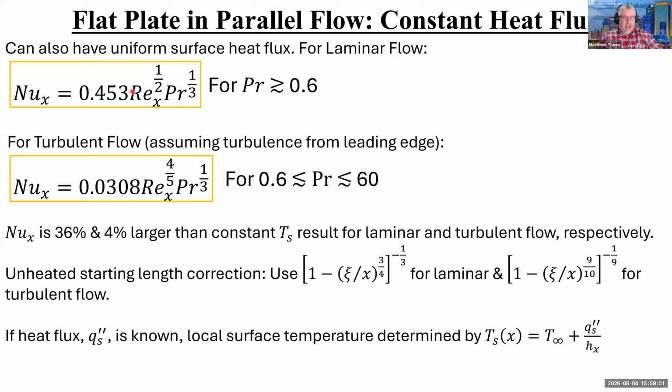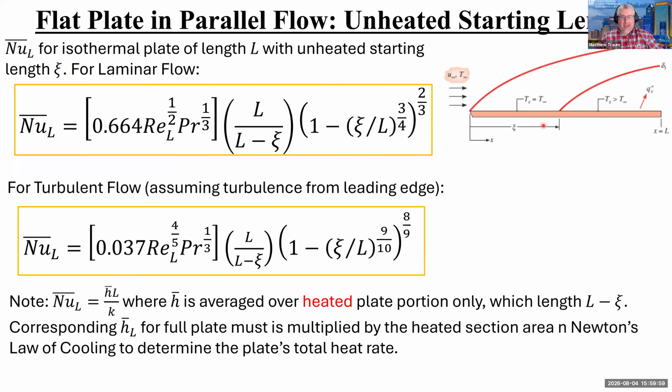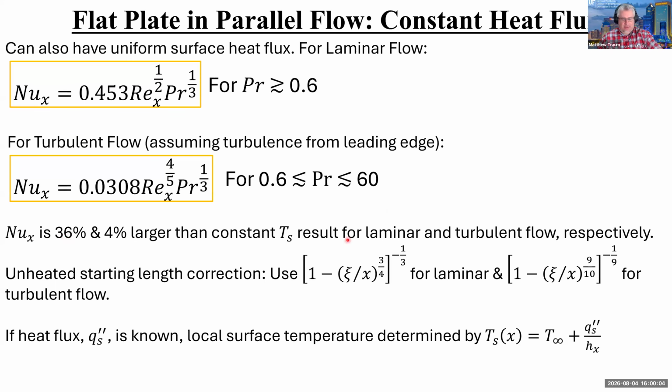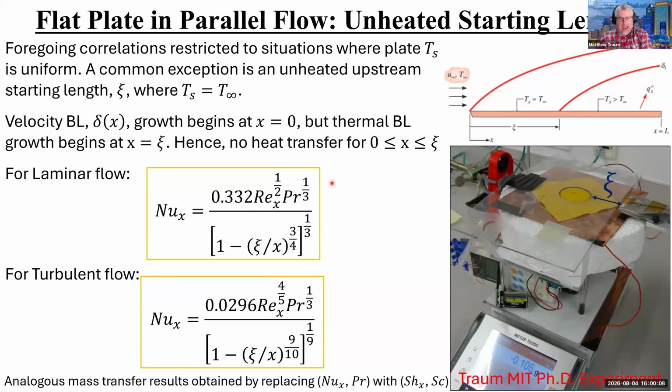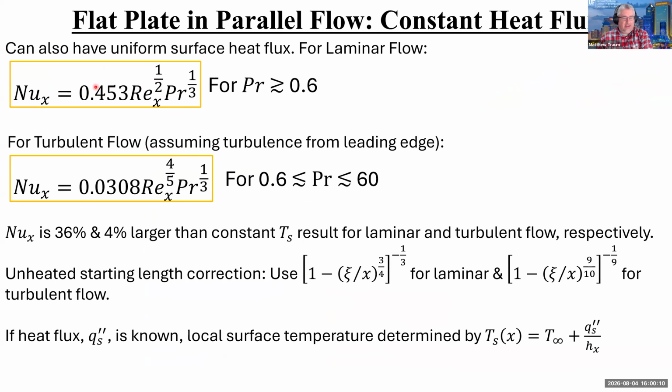If you wanted a laminar or turbulent flow correlation for constant heat flux, where you have an unheated starting length, you can do the same thing that we did before, and just multiply these correlations by this for laminar flow or this for turbulent flow. And that gives you the unheated starting length.